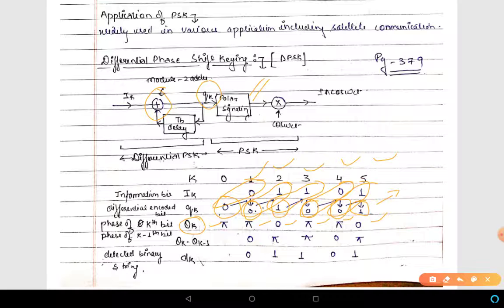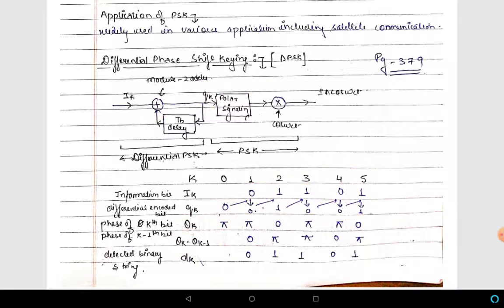In that case, theta k minus theta k minus 1: pi minus pi will give 0, pi minus 0 will give pi, 0 minus pi will give pi, though it is minus pi, magnitude wise it is pi. So this will give 0 and this will give pi.